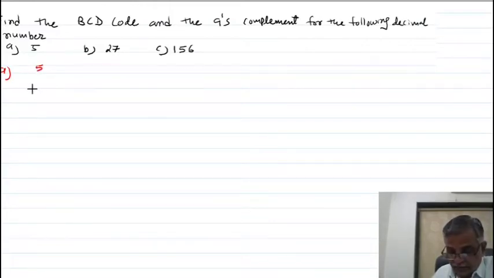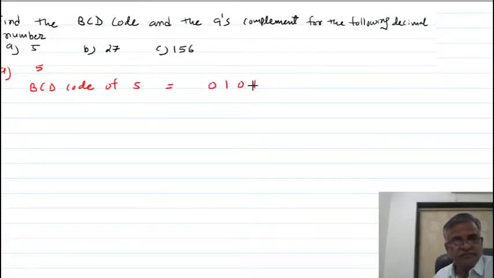So, the BCD code of 5 I have to write first: 0101. What is the 9's complement?